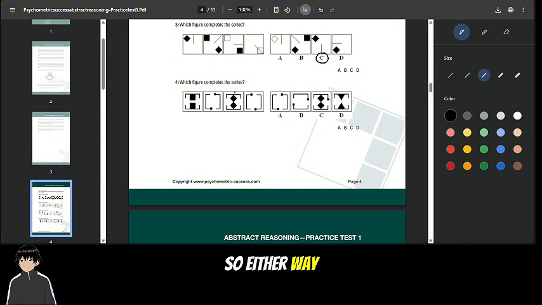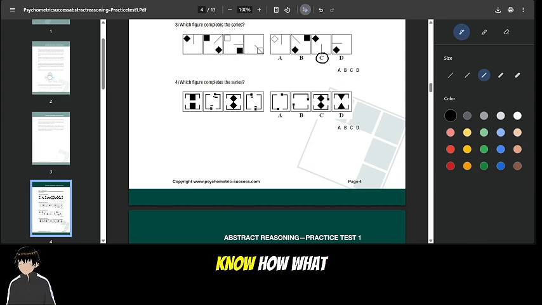So either way, for the question, which figure completes the series? If you look at here, it's 2 boxes. Then there's like 2 boxes. The box became smaller. Then the box came here. So the position is basically inverted.